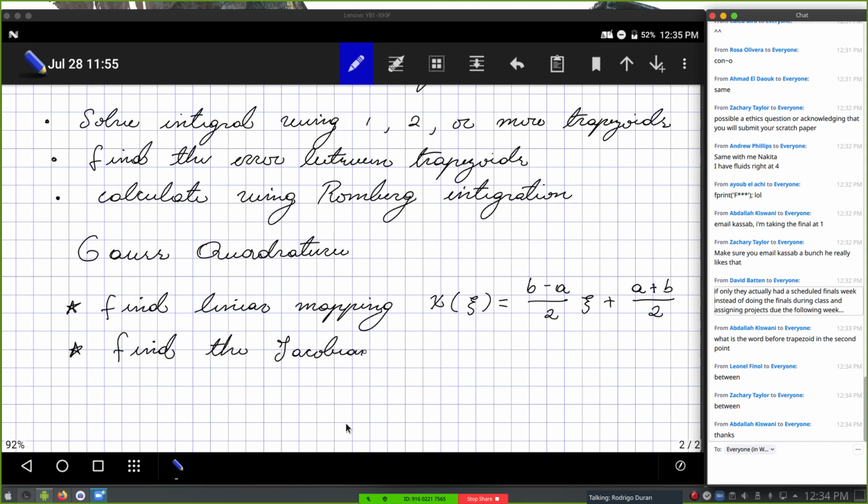All these formulas are on the formula sheet. I believe the Jacobian is just the first part, so b minus a divided by 2. I think that's the Jacobian. This one is the linear mapping, if I remember correctly.